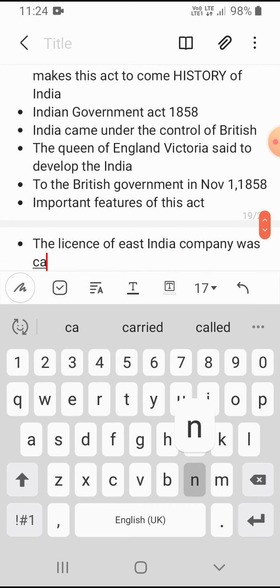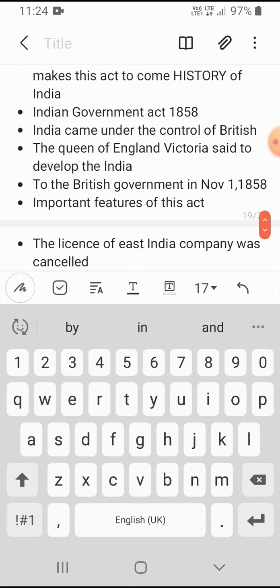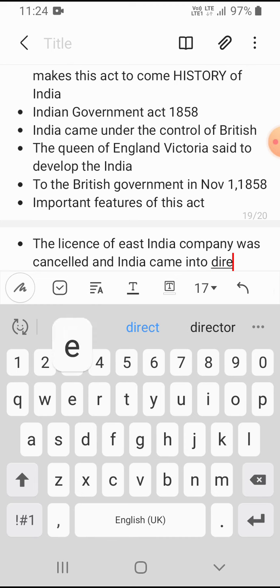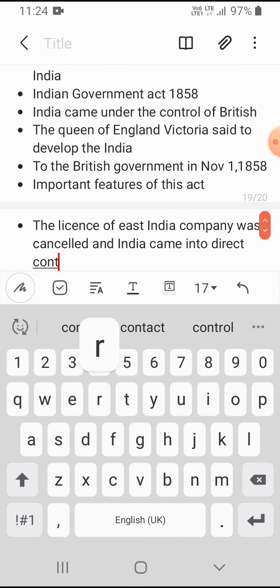That was the first important feature, and they may ask this. And India came under the direct control of Queen Victoria.